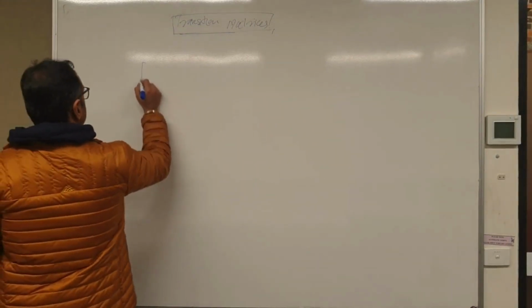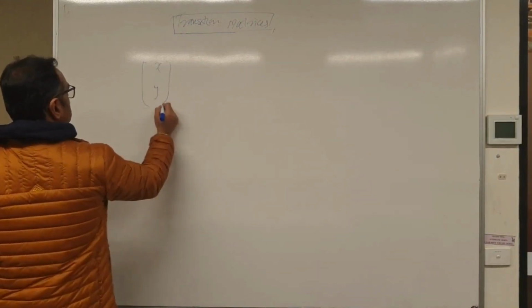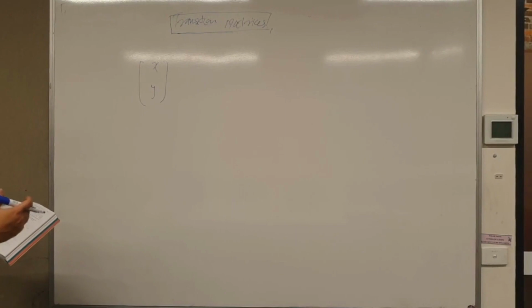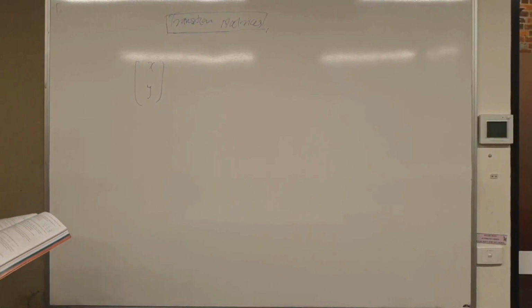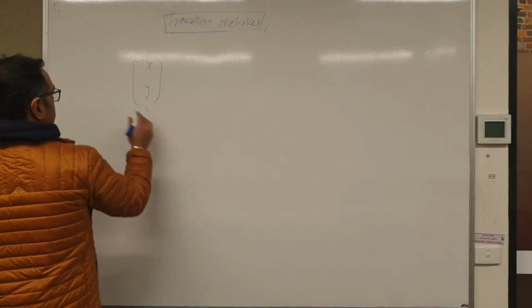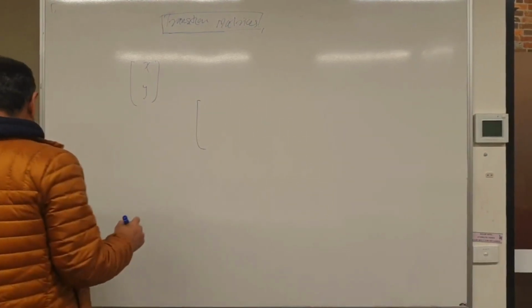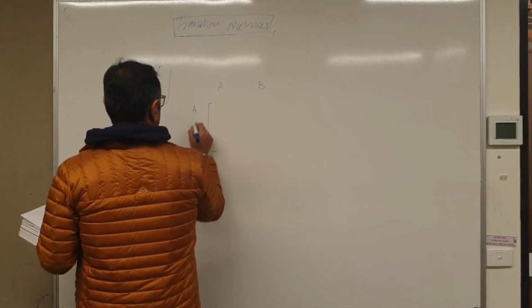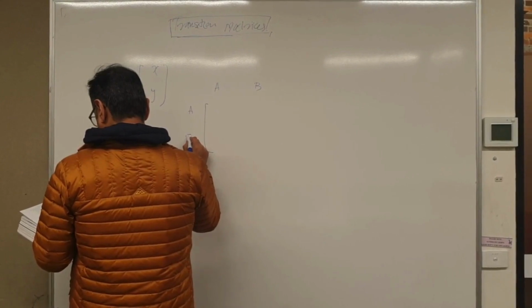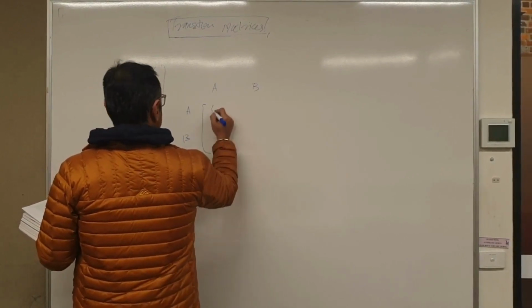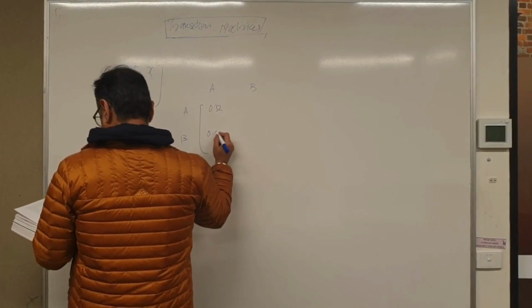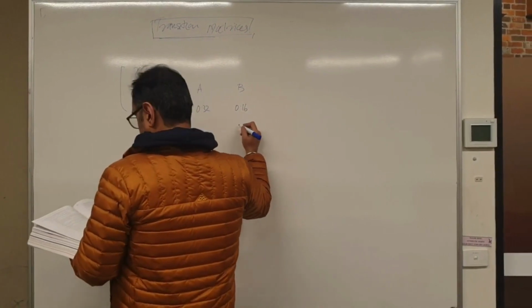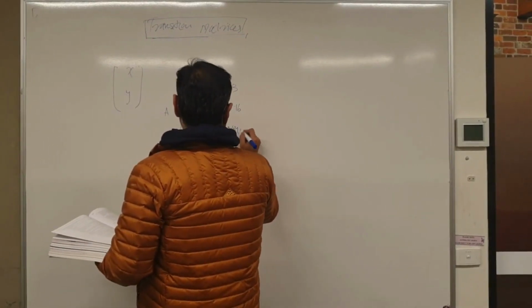Let's say they've employed X and Y people because there are two machines, right? Now it says workers are allocated on either machine A or machine B, and there's a transition matrix that they're given. The transition matrix is A, B, A, B, which is 0.32, 0.68, 0.16, 0.84.